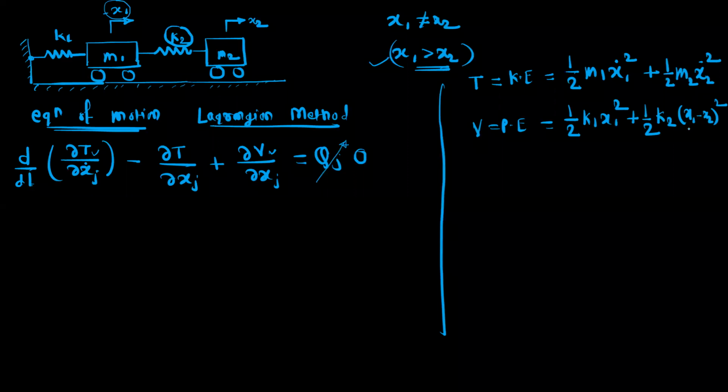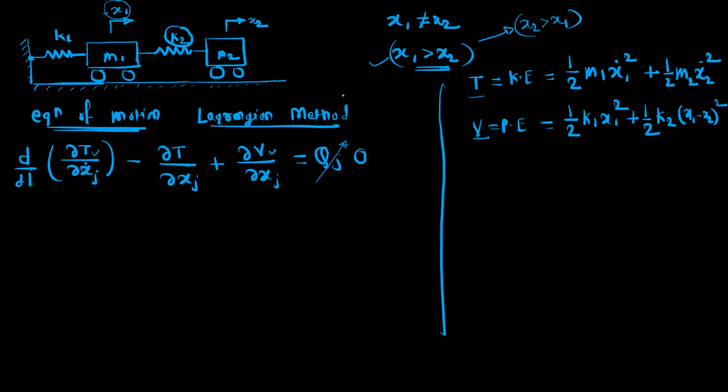This is the potential energy for the second spring K2. You can even assume x2 greater than x1, and then the only change will be x2 minus x1. So this is the equation for T and V.